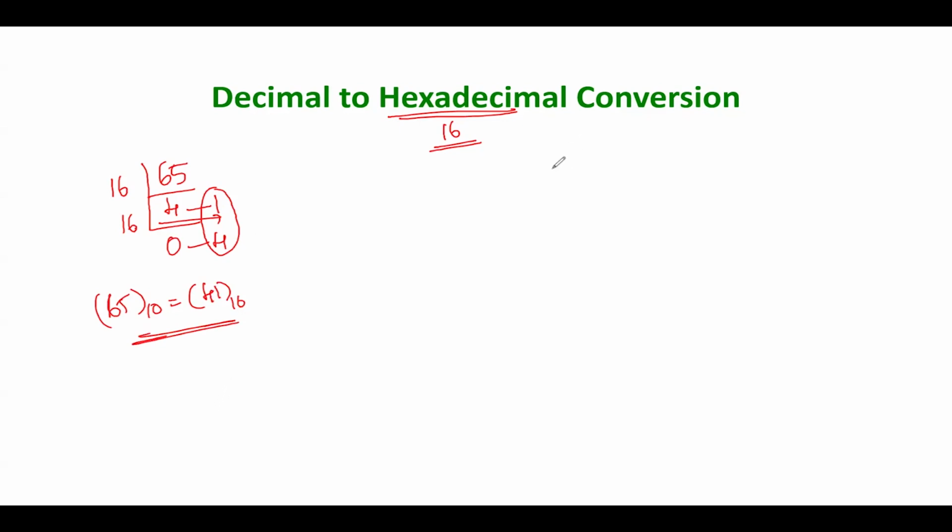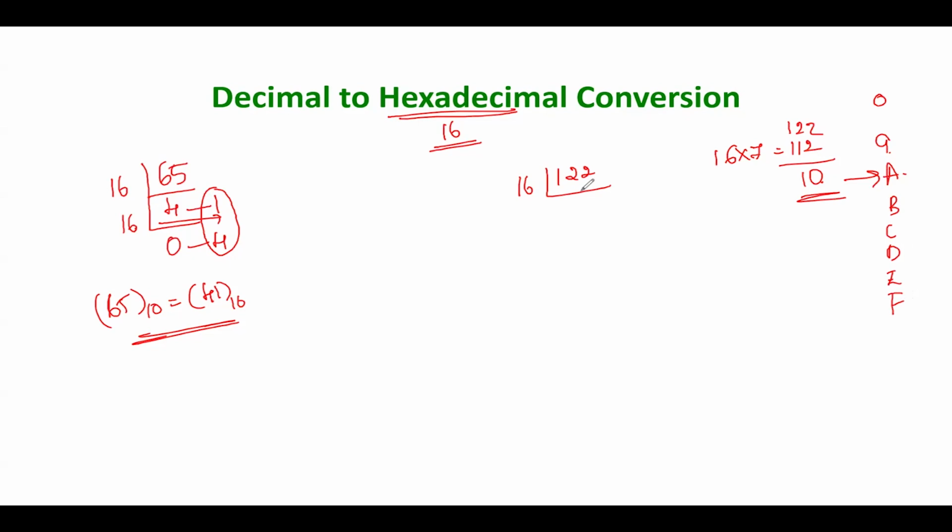Let us take the next example, that is 122. If I have to convert 122 into hexadecimal, then 16 sevens are 112. If I subtract from 122, the remainder is 10. Now 10 in hexadecimal, I will write as A, because 0 to 9 are numbers, and after 9 we write A, B, C, D, E, F. Until F we have those digits in hexadecimal.